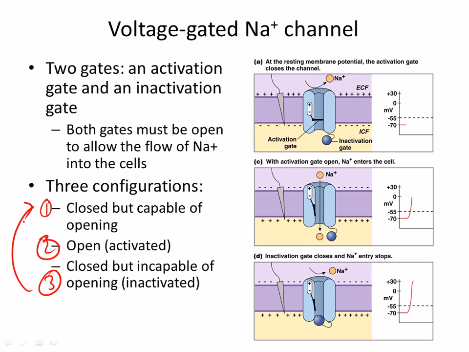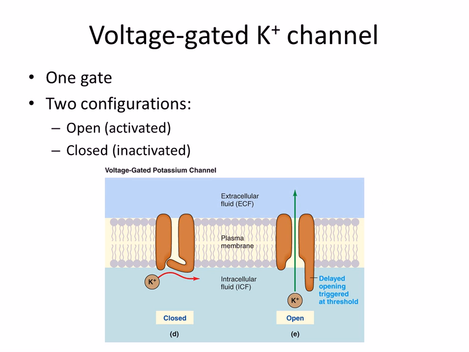So when you open the voltage-gated sodium channel, at the same time you're closing it. It's just that the closing occurs slower. That make sense? Kind of? Okay. The potassium channel is easier. It has one gate, so it exists in two states. Open, closed. Okay.